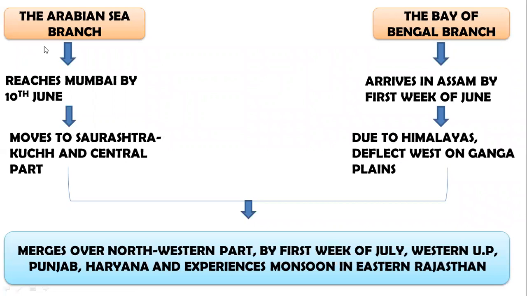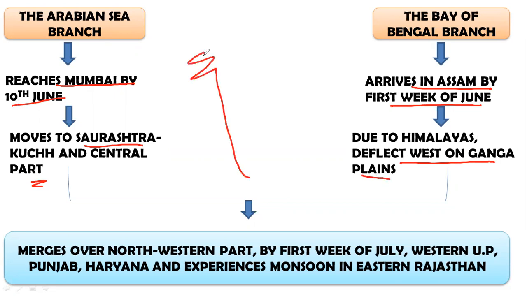The Arabian Sea branch reaches Mumbai by the 10th of June and it further moves to Saurashtra in Gujarat, Kutch and the central part. The Bay of Bengal branch arrives in Assam by the first week of June. Due to the Himalayas, it gets deflected and comes over the Ganga plains and merges.